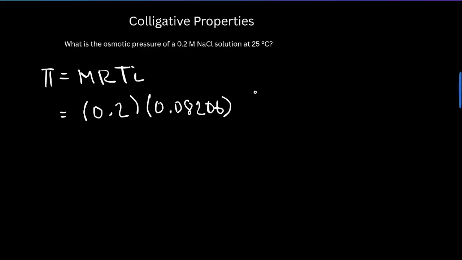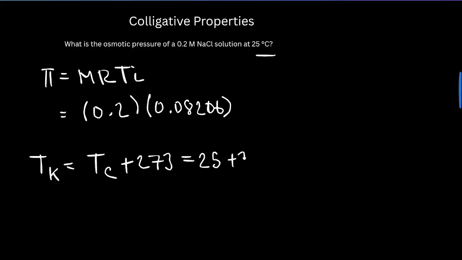And our temperature is 25 degrees Celsius, but as I've talked about when going over the units, our temperature T needs to be in Kelvin. We can get Kelvin by simply taking our temperature in Celsius and adding 273. So in this case, that is 25 plus 273, or 298 Kelvin.